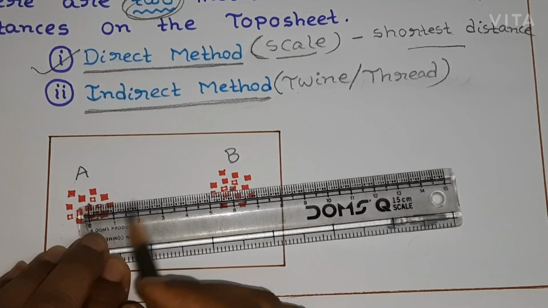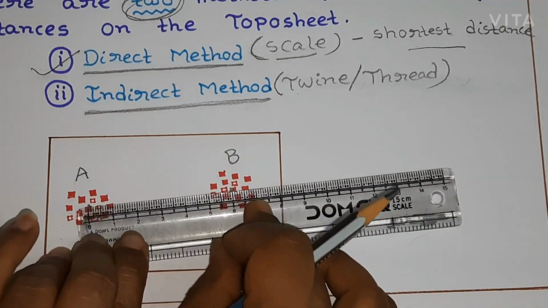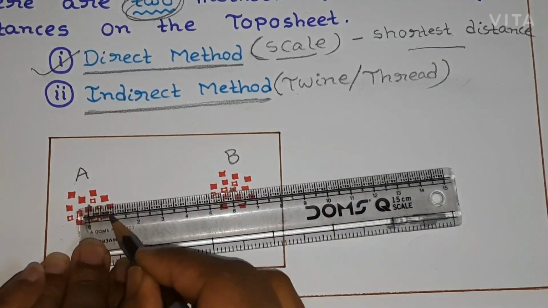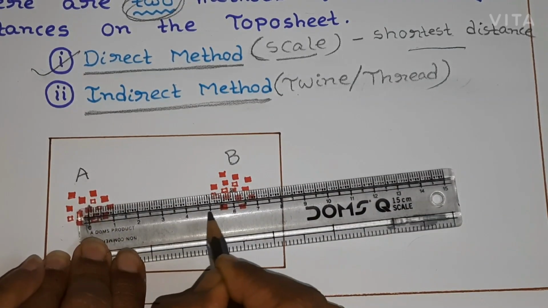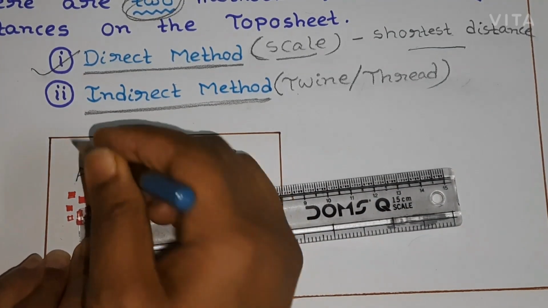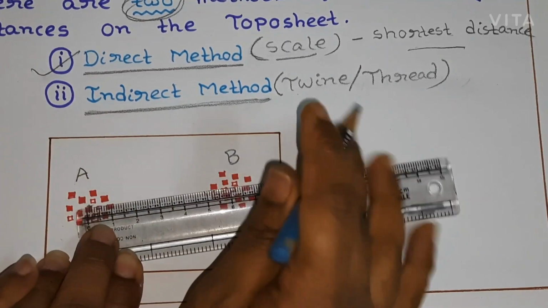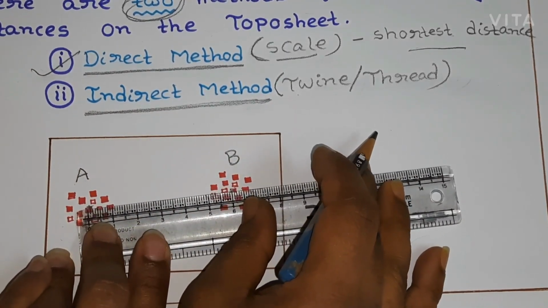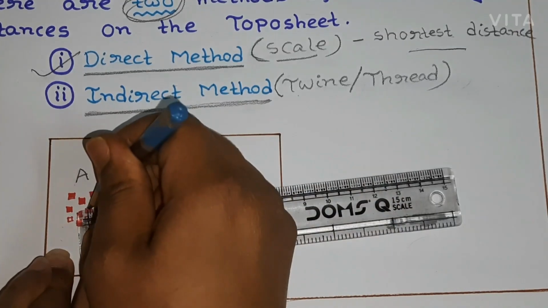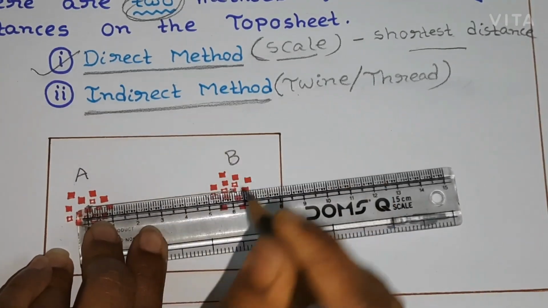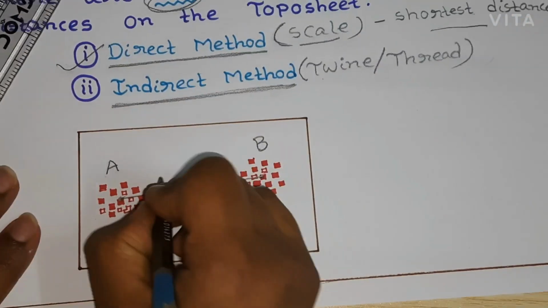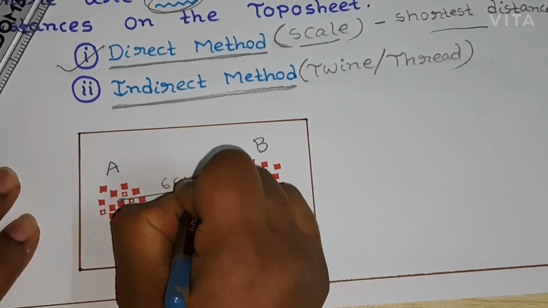Okay, so I am measuring the distance. So from here to here, 1 2 3 4 5 6. So from settlement A to settlement B, we are getting total 6 centimeters.